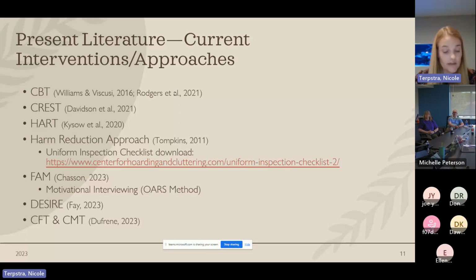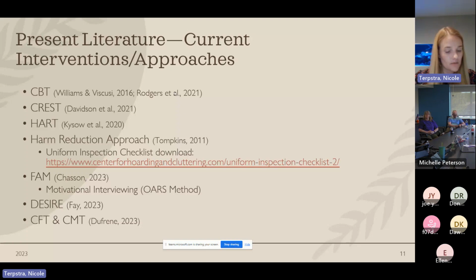Participants who completed CREST reported it as being helpful in their treatment. Next up, we have HART, which stands for Hoarding Action Response Team. And this was seen to be effective in reducing clutter, preserving tenancy, and reducing the risk of having a fire.